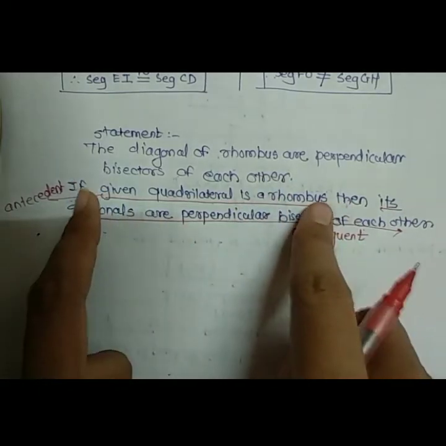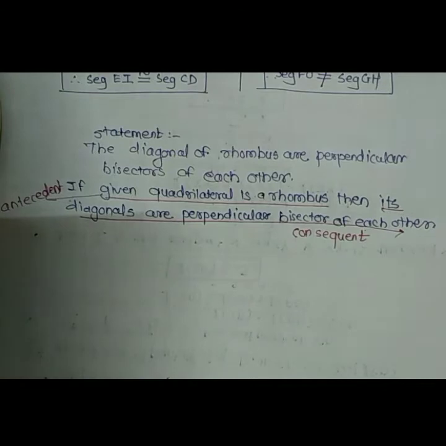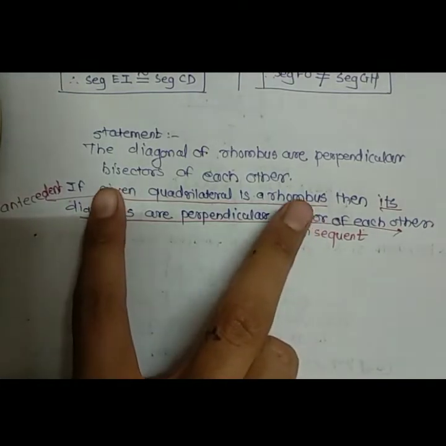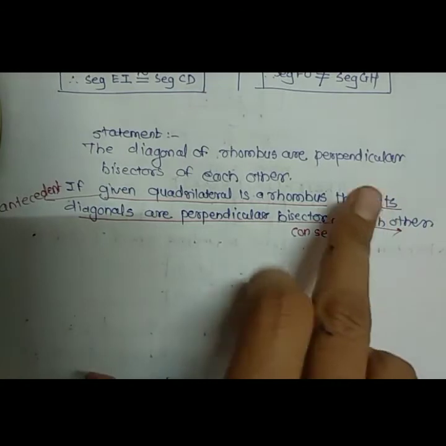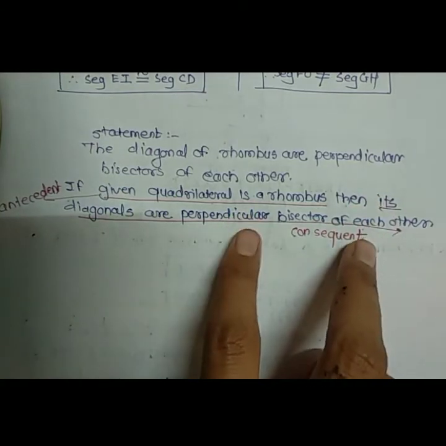This is the part of antecedent and this is the part of consequent. Here the part of antecedent is the given, and the part of consequent is the to prove.